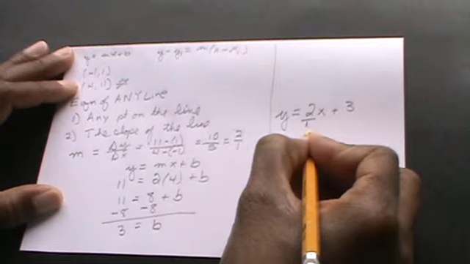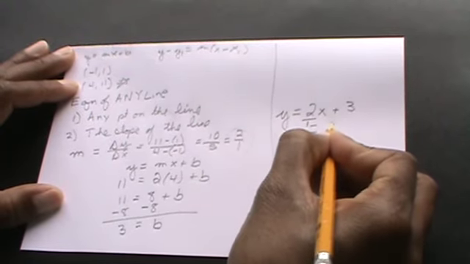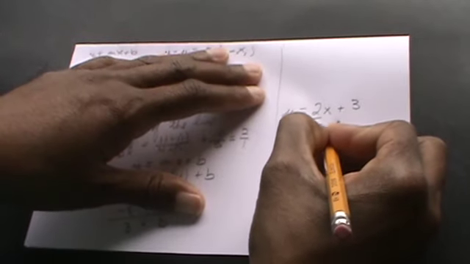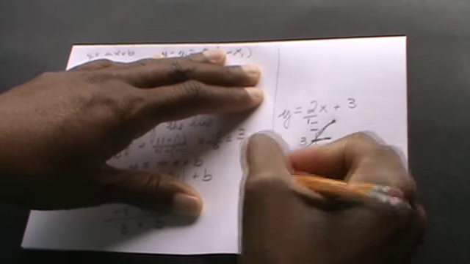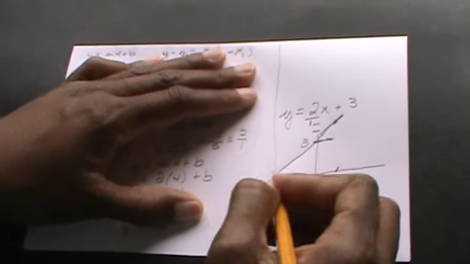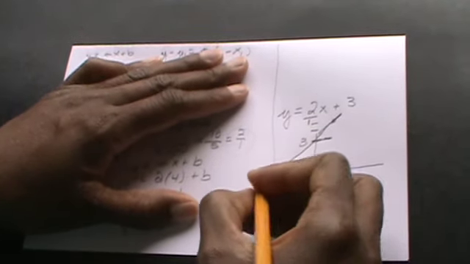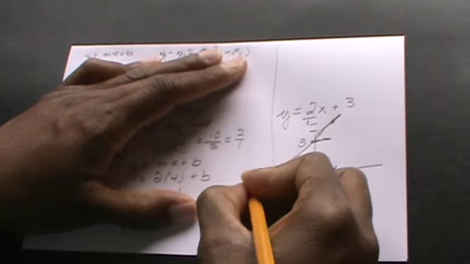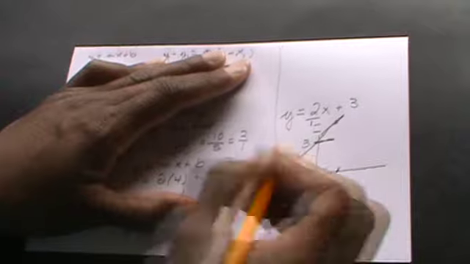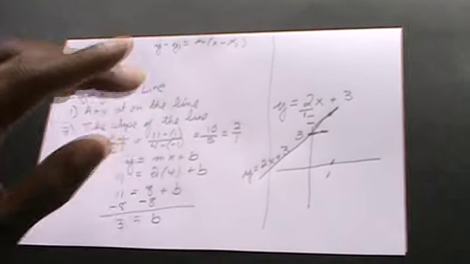So you go 1, 2, like that. If you were to connect these 2 dots, then you would have the line that's associated with those 2 points. So this line is y equals 2x plus 3, like that.